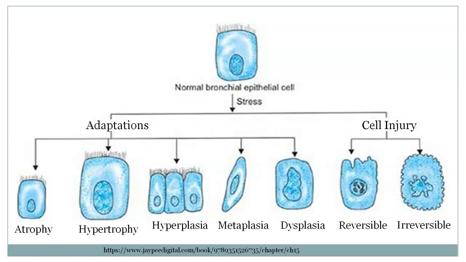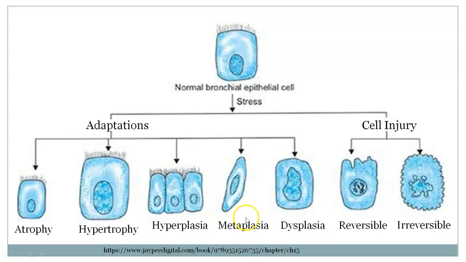But if cellular injury occurs, cellular injury occurs when the cell fails to adapt due to loss of ability to meet the demands placed on it. So it may be a reversible cell injury or it may be an irreversible cell injury.